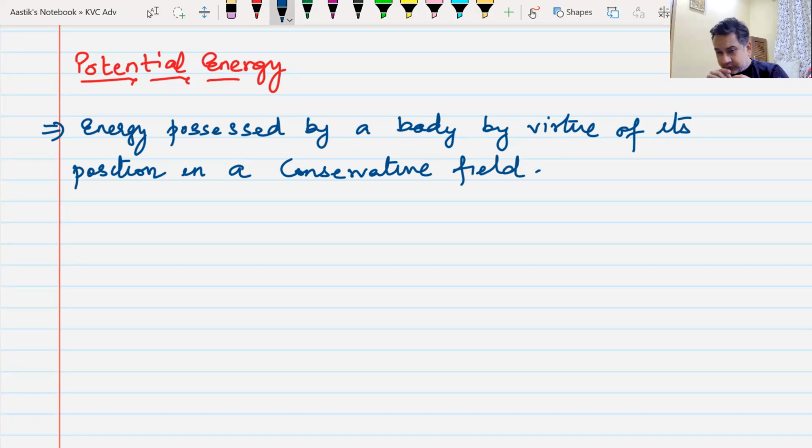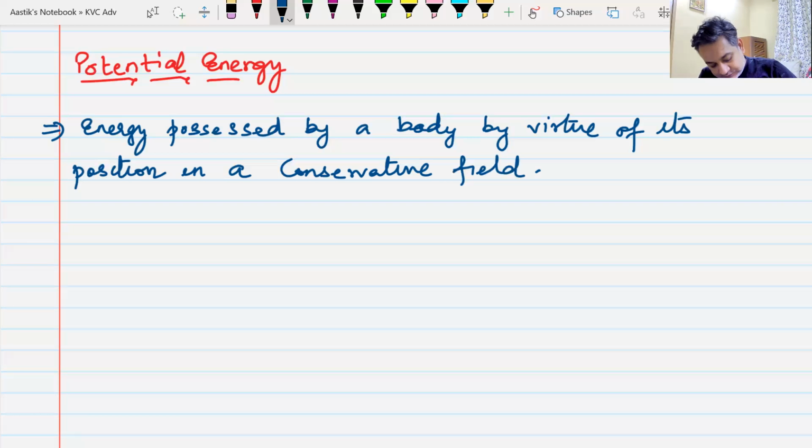Who is creating this gravitational field? Earth, because of its mass, is creating this gravitational field.